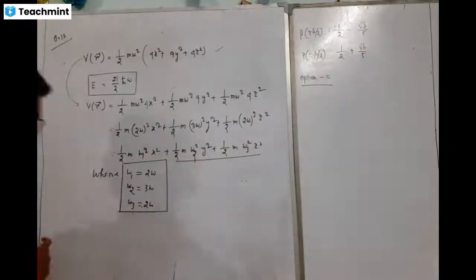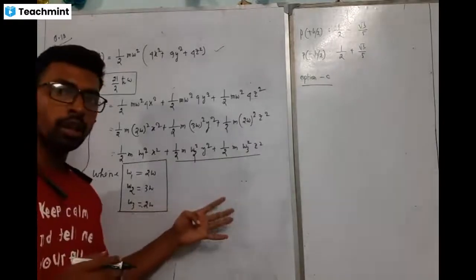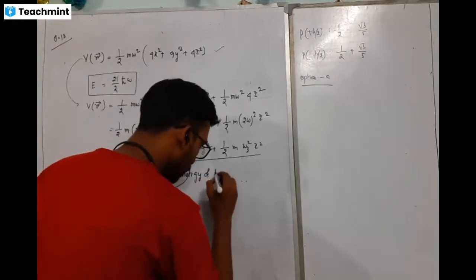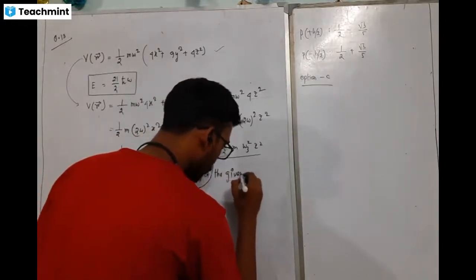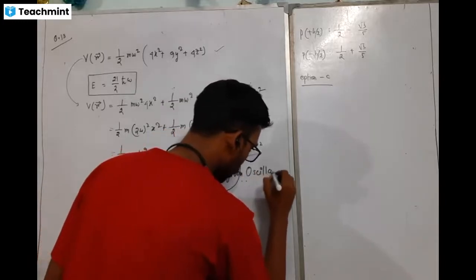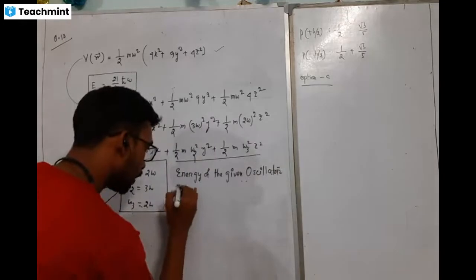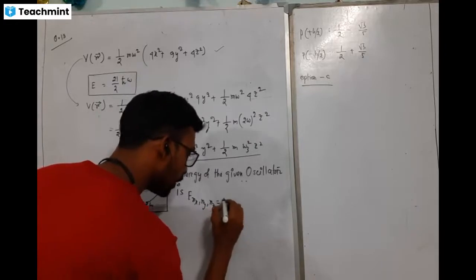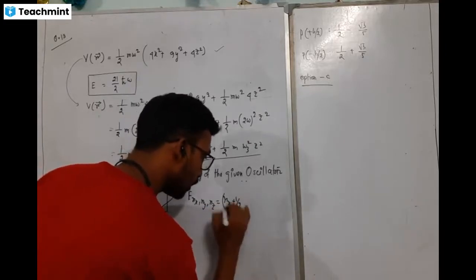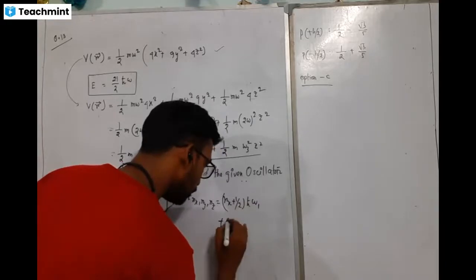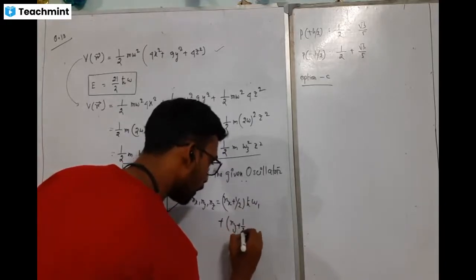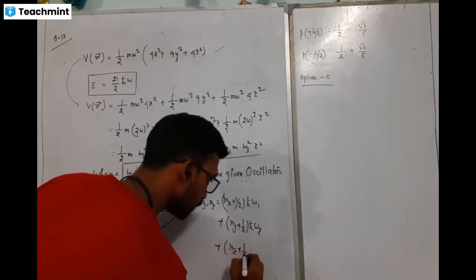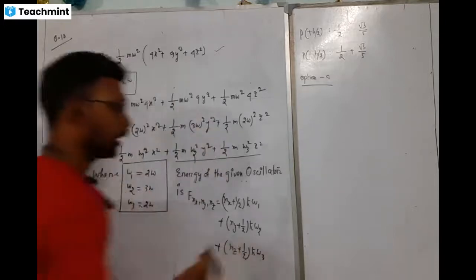The energy of the given oscillator, E Nx Ny Nz, equals Nx plus half h cut omega 1, plus Ny plus half h cut omega 2, plus Nz plus half h cut omega 3.